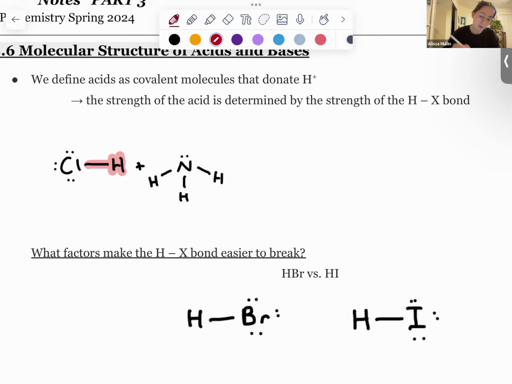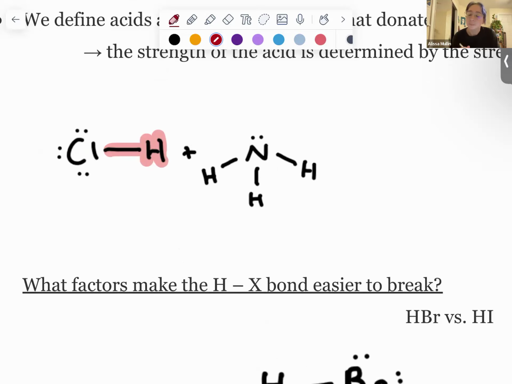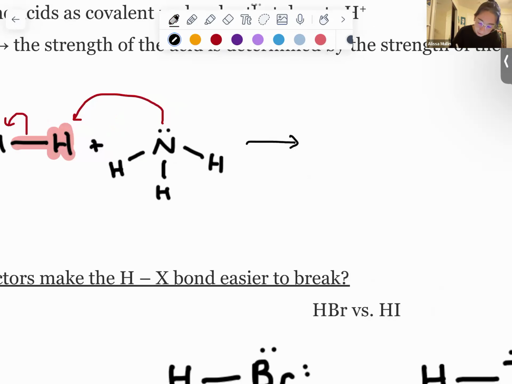So just to draw out a reaction, what actually happens when we lose a proton, or a proton is transferred to a base. If you ever do OChem, this is a basic intro to some of the stuff you do there. Usually a lot of the bases will have a lone pair, and that lone pair will come and react with the hydrogen, and then the electrons from that bond will just get pushed onto the conjugate base. So our products end up looking as you would predict.